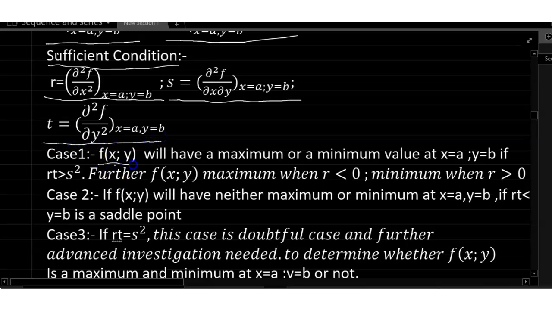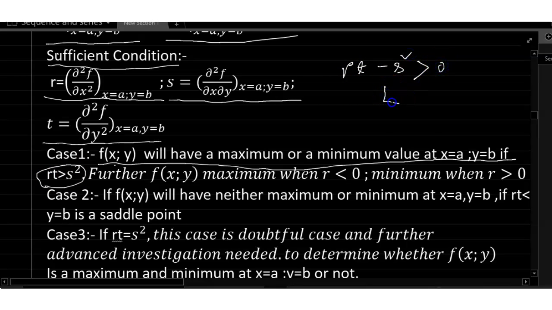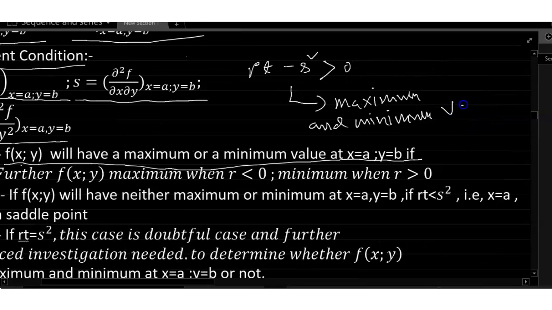Then f(x,y) will have a maximum or minimum value at x equals to a if rt minus s square is greater than 0. So friends, if rt minus s square is greater than 0, then a maximum or minimum value exists.